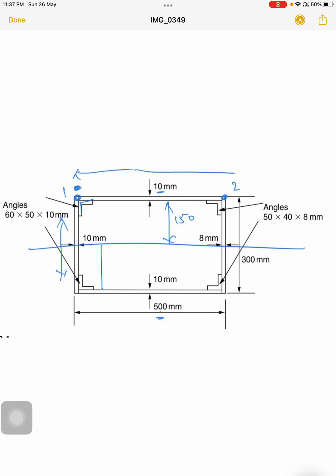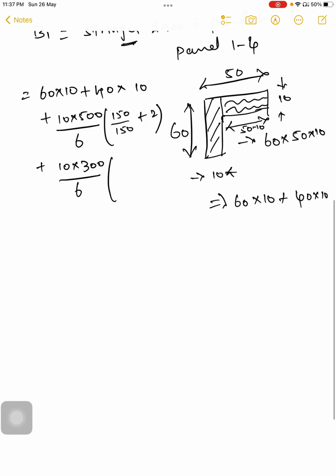Sigma 4 is this length, so this length is minus 150, divided by 150, plus 2.